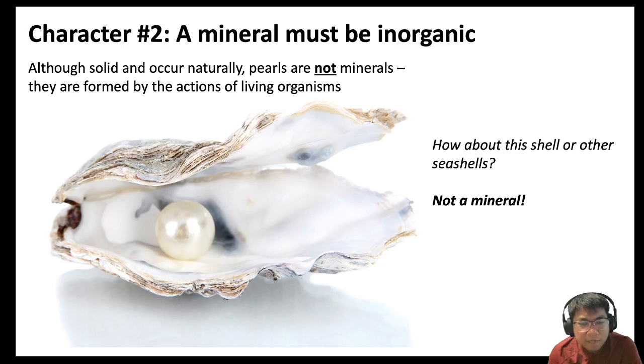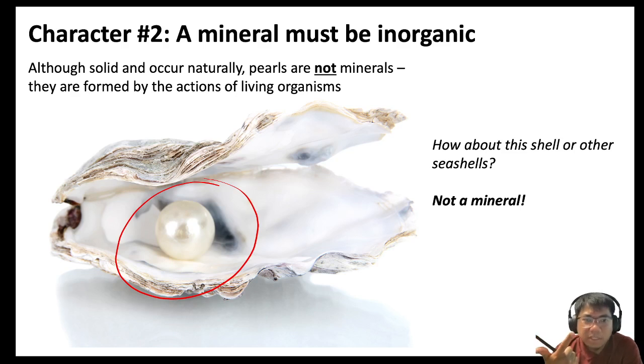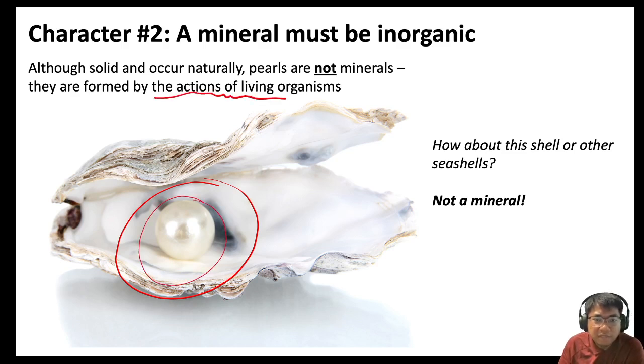The next example that I would like to show you is these pearls right here. If you think about it, a pearl is a solid material, and it forms naturally, right? However, pearls are formed by the actions of living organisms. This clam right here plays such an important role.